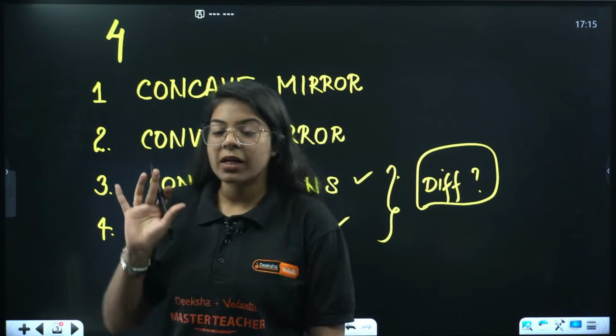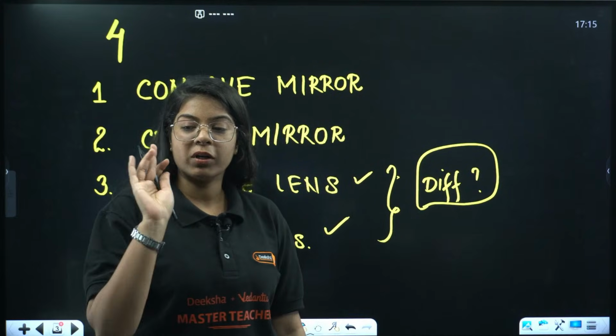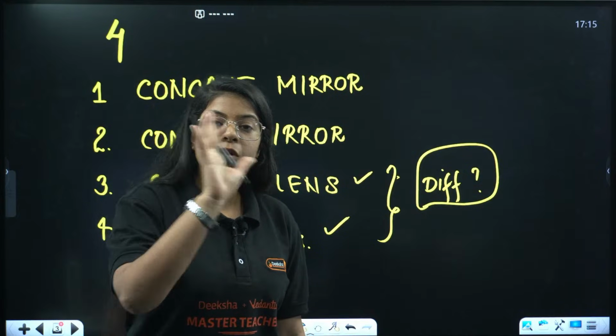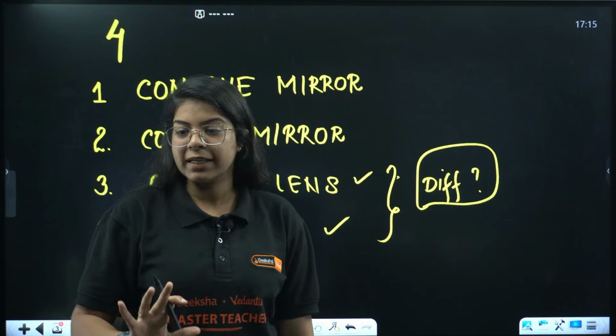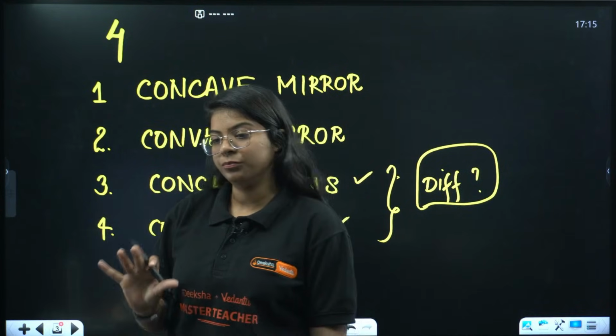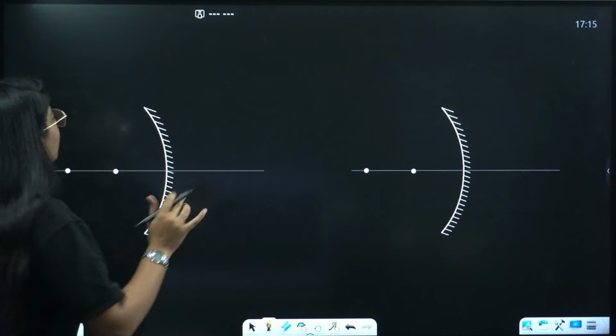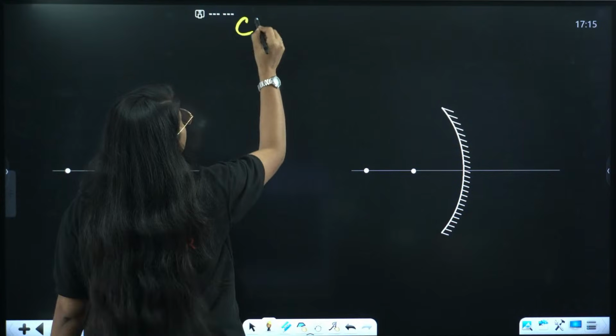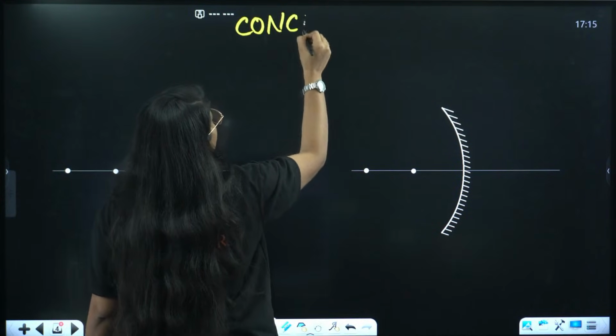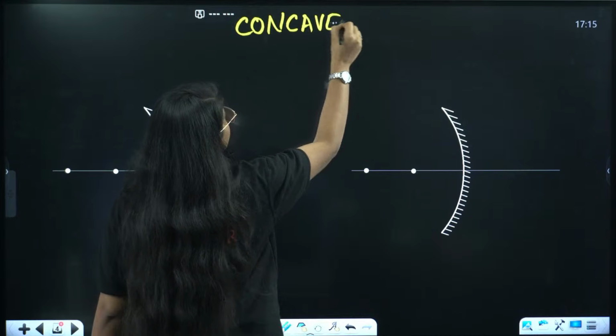What are the key points that you need to remember? What are the things that you have to do chronologically? In order, we'll see what you have to do. Done? Let's start with the very first. The first we are going to start with is very basic, that is the concave mirror. Done?